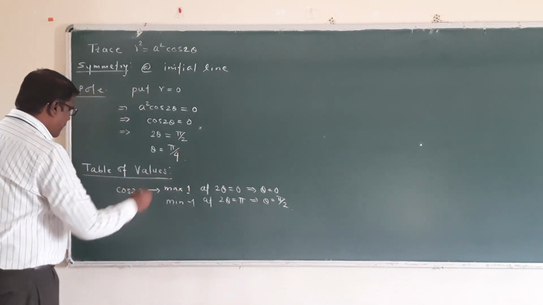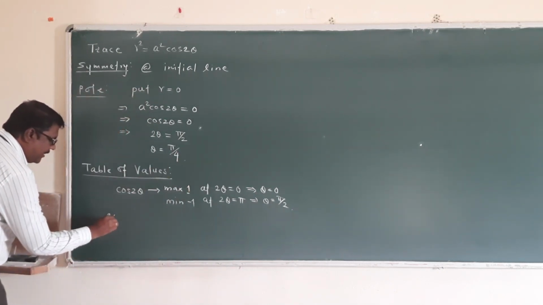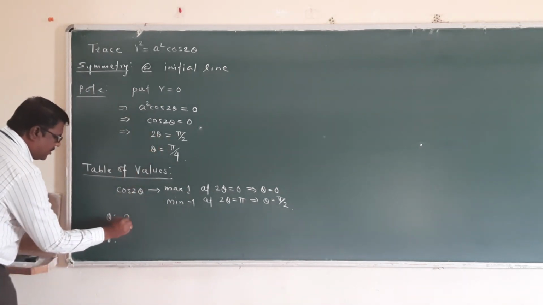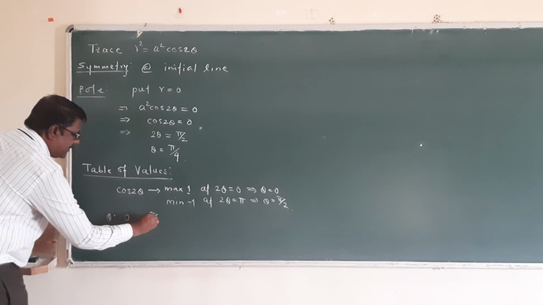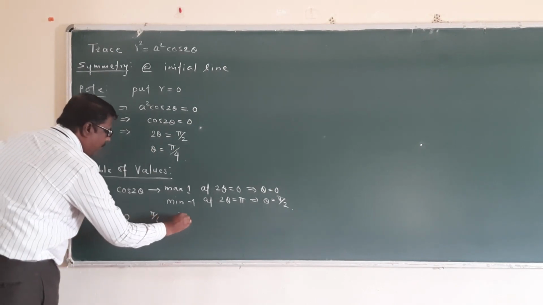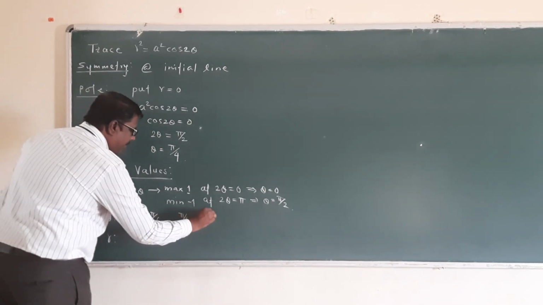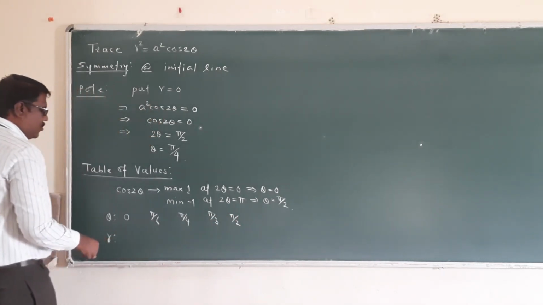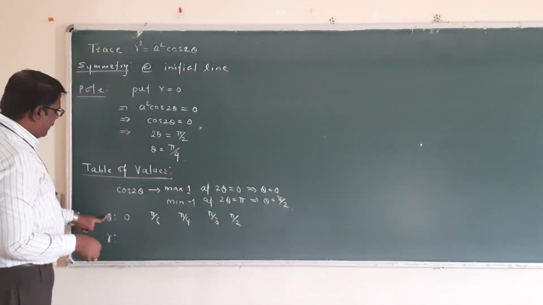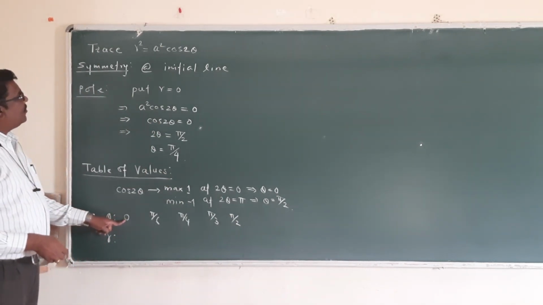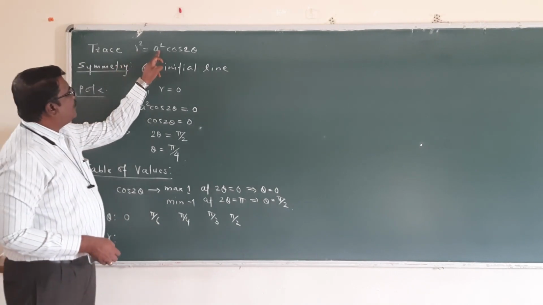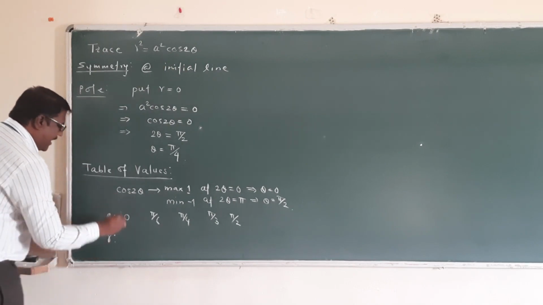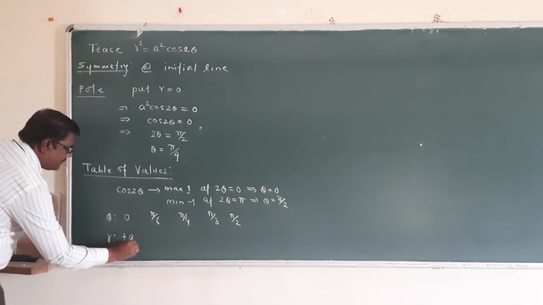So here we will prepare the table like this: theta and r. The values of theta are 0, pi by 6, pi by 4, pi by 3, and pi by 2. Okay, so for these values of theta, what is the value of r? When theta is 0, r square is equal to a square. So cos 0 is 1, so r is plus or minus a.